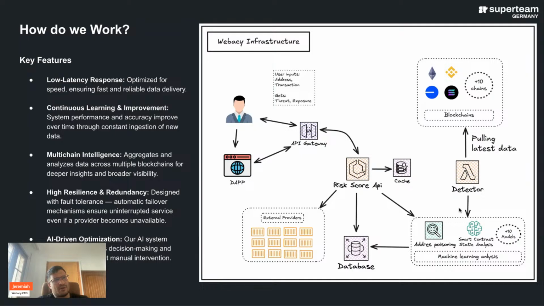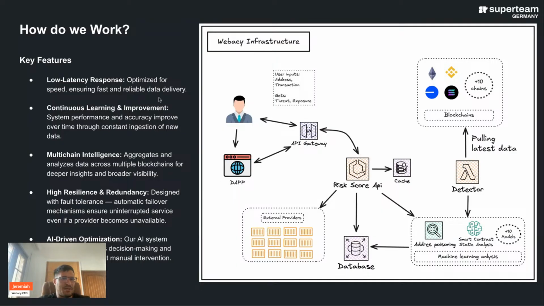We have a bunch of different use cases of AI and machine learning there for smart contract analysis, transaction analysis, wallet analysis, like address poisoning, and scoring all the different types, as we saw on the previous slide. And we have our database that we write it back to, and then we serve that back to the customer. And we have a bunch of external providers we also take in data from.